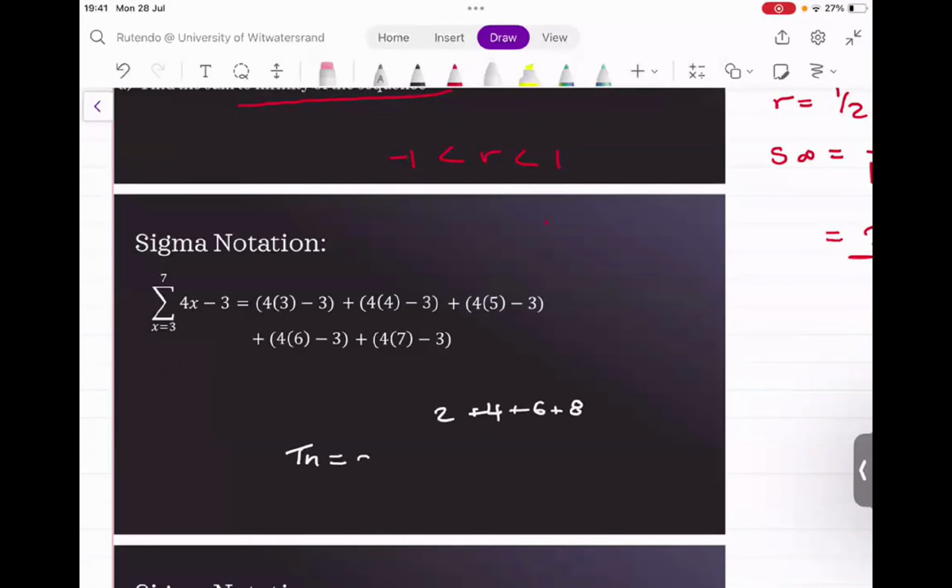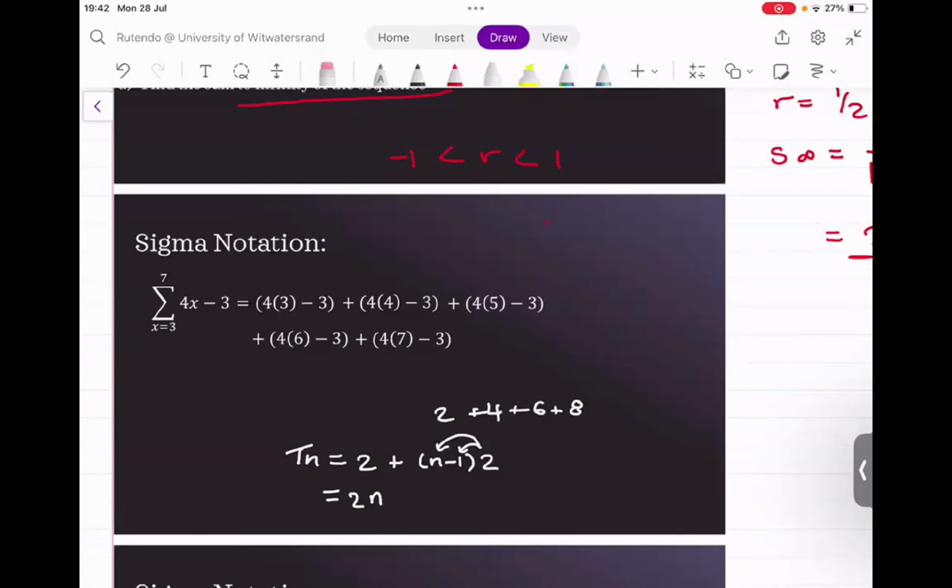I know my first term is 2, and my d is 2. So it's 2 plus (n minus 1) times 2. If I simplify this, I'll get 2n.